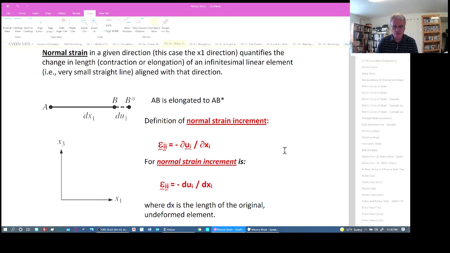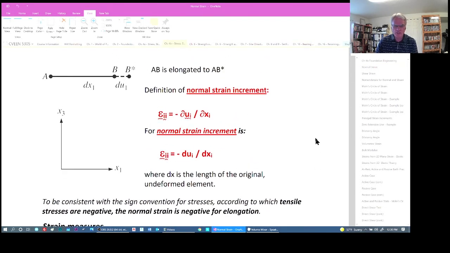What's important to notice here is that we're going to define this as negative in the case of elongation and positive in the case of compression. This is consistent with what we did with Mohr circles of stress, where we defined compressive stresses as positive and elongation or tensile stresses as negative. So the normal strain increment is just minus du1/dx1 for this particular case.